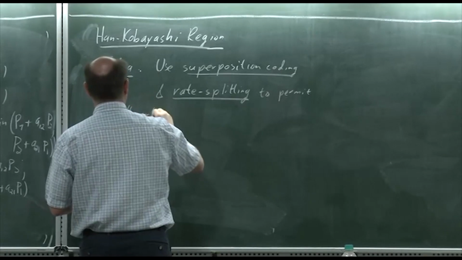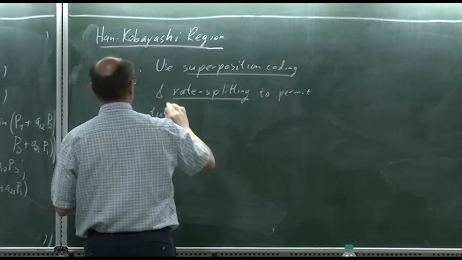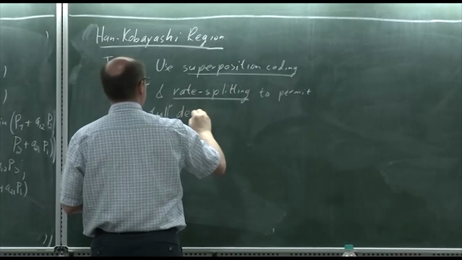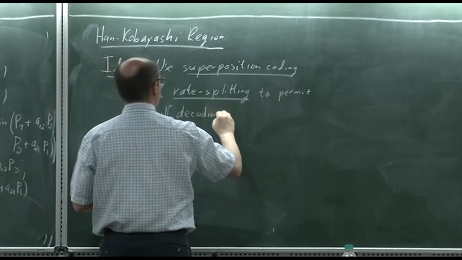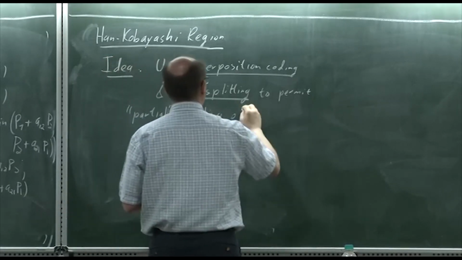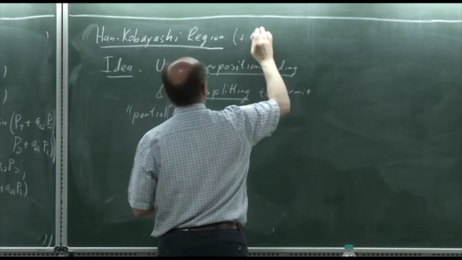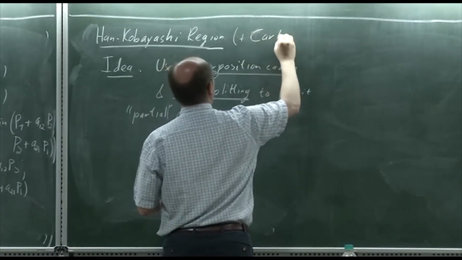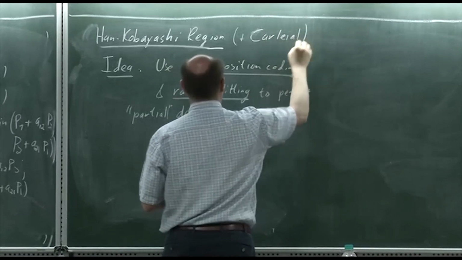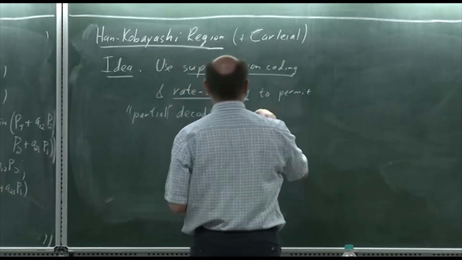Again, this coding idea really is already due to Carlisle. So I could also add Carlisle, just to give him the credit for the method, plus to permit partial decoding of interference.